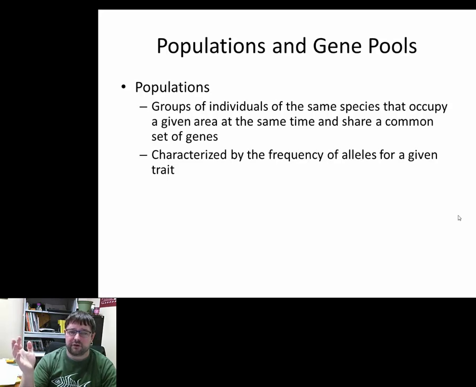There are lots and lots of variables, but for the most part, when population geneticists are trying to examine the frequency of alleles, they're looking at single characteristics. Under Hardy-Weinberg, those characteristics have to be traits that you could visualize, that you could actually phenotypically distinguish between one group and another.